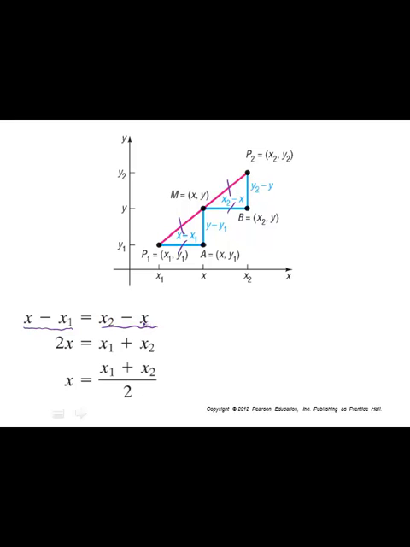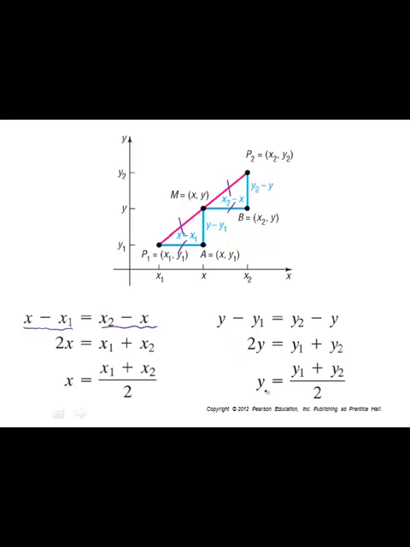So solve for x. Maybe add x to both sides, and add x sub 1 to both sides. So now you have 2 times x is equal to x sub 1 plus x sub 2. And then divide both sides by 2. So you see indeed that x is really the average of the two x coordinates of P1 and P2. And likewise, we can make the same argument with the y coordinates.